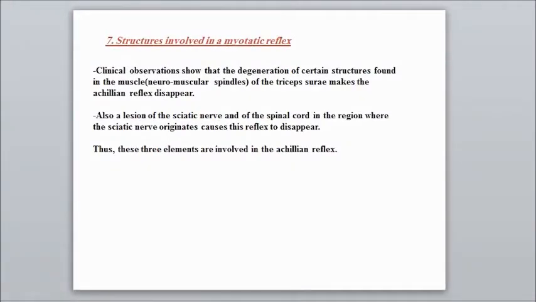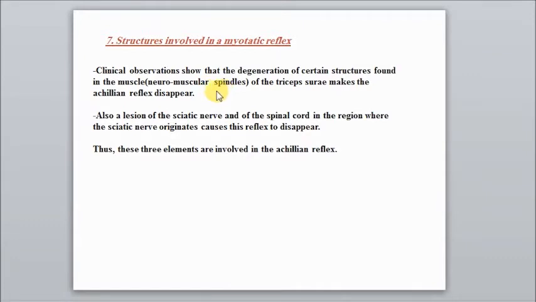Now, for a myotatic reflex to happen, it needs certain structures or certain elements. The following slide is showing that the clinical observations show that the degeneration of certain structures found on the muscle, which are called neuromuscular spindle, and the following structures are going to be dealt with later on in detail.